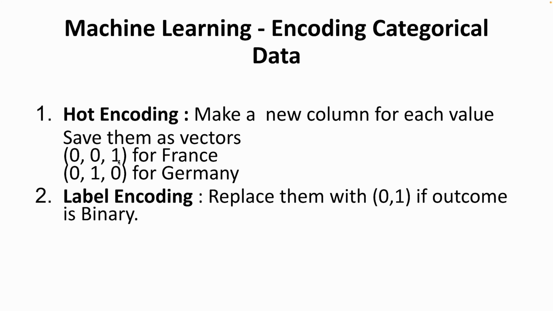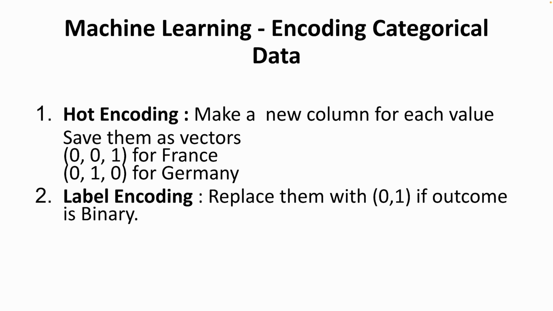For the first column, we will have 1 if the category value is France. If it's not, we will have 0. For the second, if the category value is Germany, we will have 1. Otherwise, we will have 0. And the same goes for the third one. If the category value is Spain, we will have the value as 1. Otherwise, the value would be 0. So that's how we transform the string categorical data into numerical data.